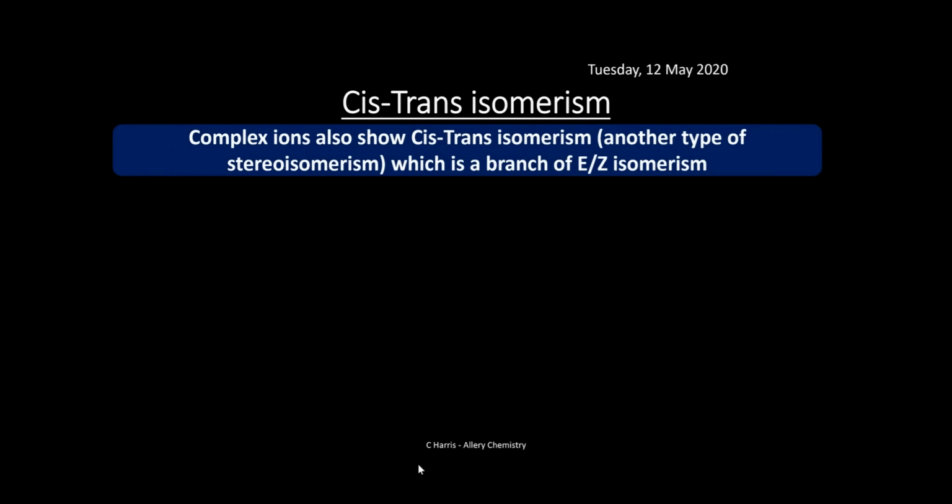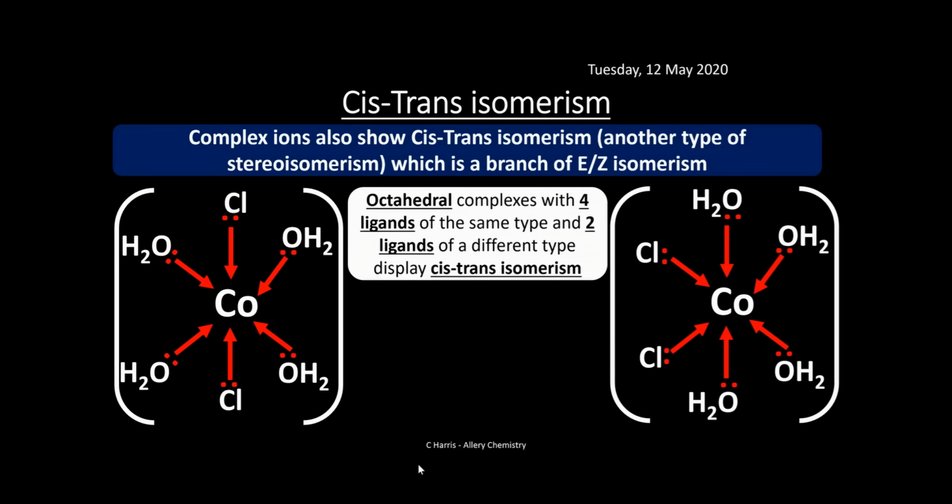Okay, complex ions also show cis-trans isomerism, which is another type of stereoisomerism, and it's a branch of EZ isomerism. Octahedral complexes with 4 ligands of the same type and 2 ligands of a different type display cis-trans isomerism. We can see the complex here, with 2 ligands which are the same, your chlorine ligands, and 4 which are different, and you can see the chlorine positions have changed.